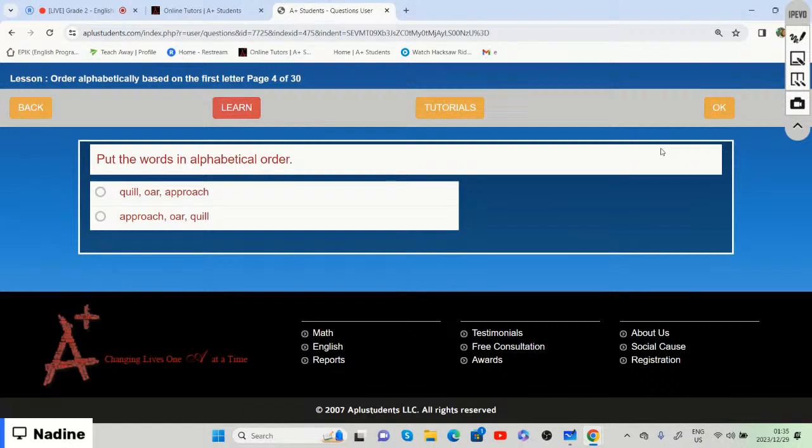And if we put that in alphabetical order, we're going to start with approach, which is A, then or, and then kill.